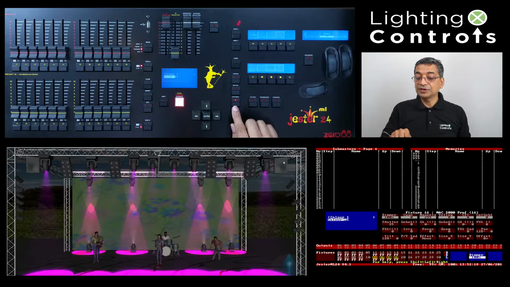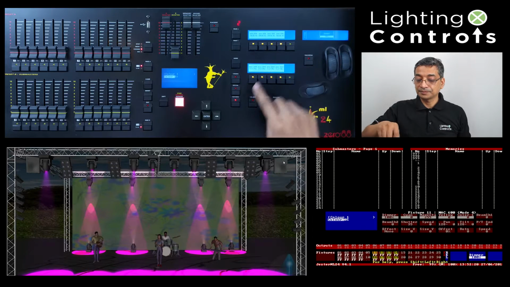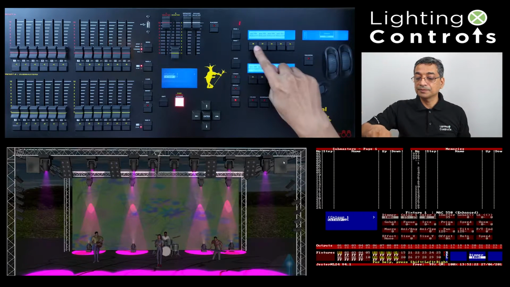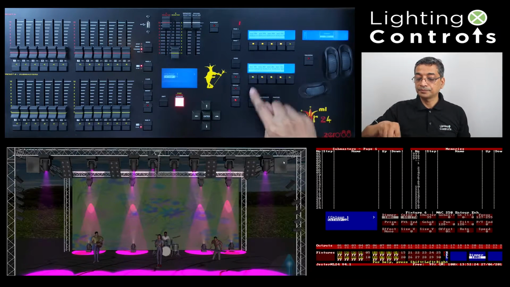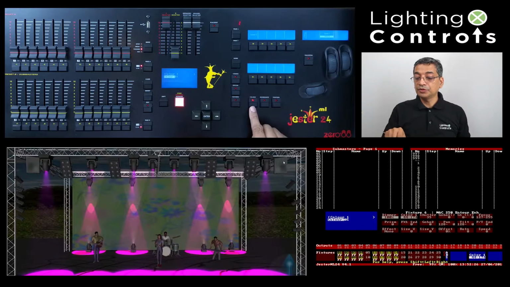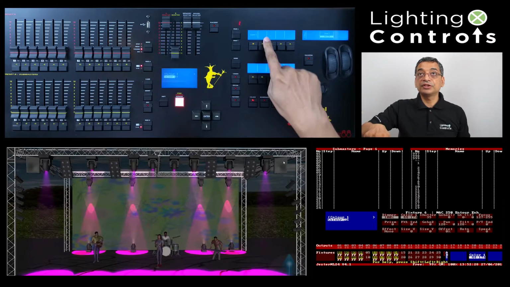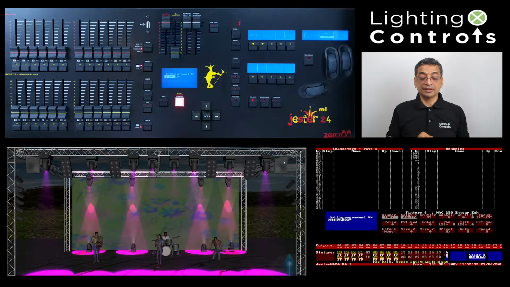Now what you do is you select all the fixtures in all the pages, go to color, select a location where you want that color magenta to be and press that and press your store button.